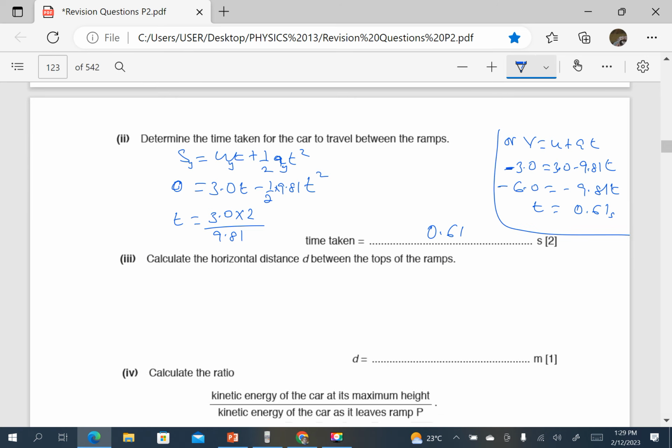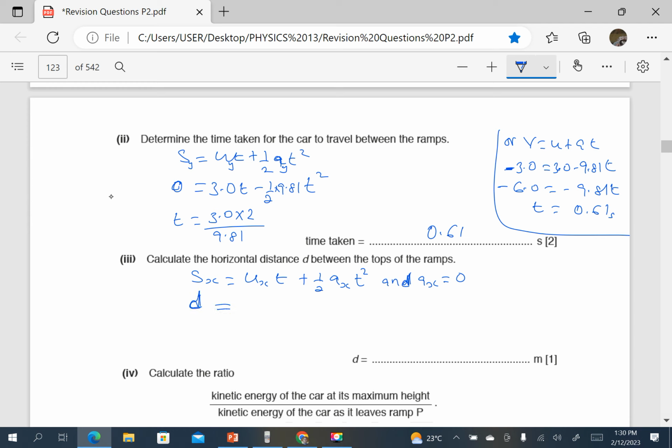Calculate the horizontal distance d. So we shall consider horizontal motion. Displacement in the horizontal is the initial velocity in the horizontal times t, plus a half times the acceleration in the horizontal times t squared. Remember, acceleration in the horizontal is 0 because there is no force in the horizontal. So the displacement in the horizontal is d.